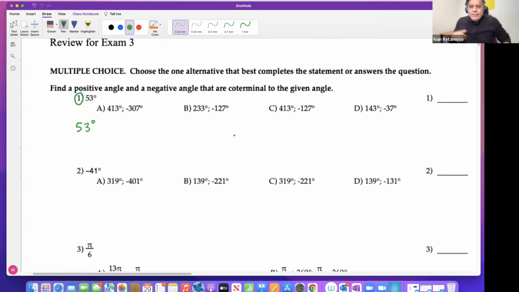And let me remind you, in order to find coterminal angles that are positive, you have to add 360 degrees. If you want them to be negative, subtracting 360 degrees should help, right? So try to do that, and then we will go over number 1.